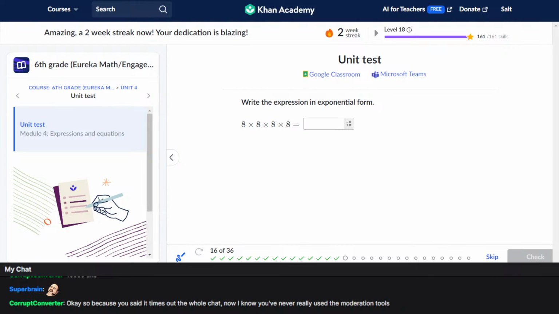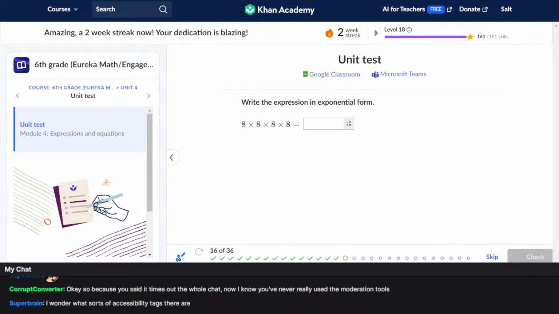Corrupt Converter says, okay, so because you said it times out the whole chat, now I know you've never really used the moderation tools. That's not what I said. I said they have a timeout feature for chat. Like, I can time out individual users.